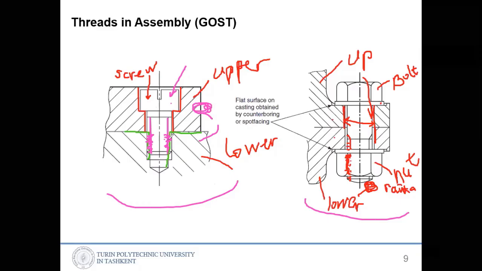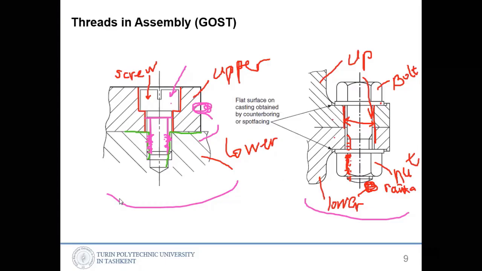The lower side of the part has threads, but the upper side has none, it's just made at a bigger diameter. Understood? If you have any question, please ask.